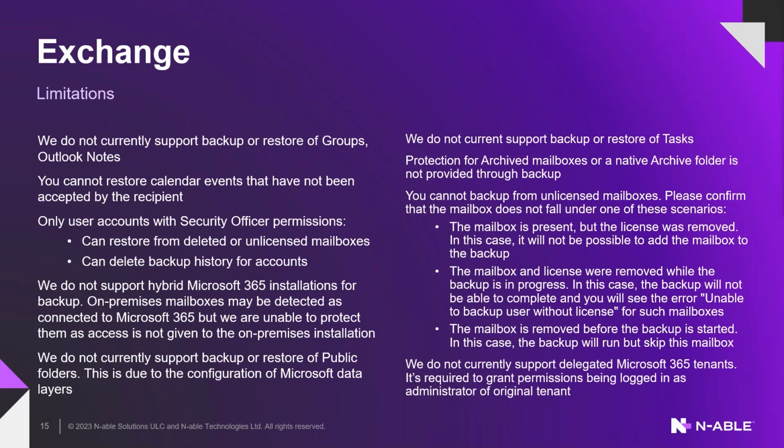There are some scripting and some API calls out there available, though, that can let you work and interact with the online archive to pull data back into the mailbox, and then you can trigger those archives in bulk again. So there are some methodologies around it, but suffice it to say that the Cove Data Protection solution for M365 is really not an archiving solution, it's a backup solution.